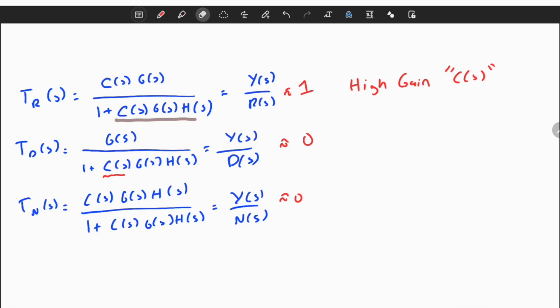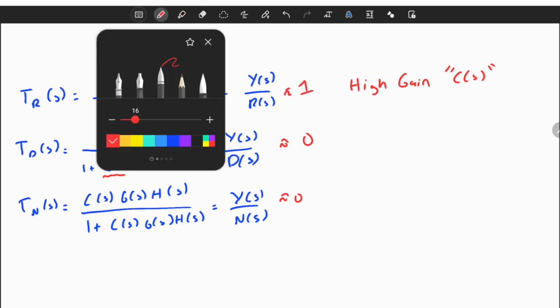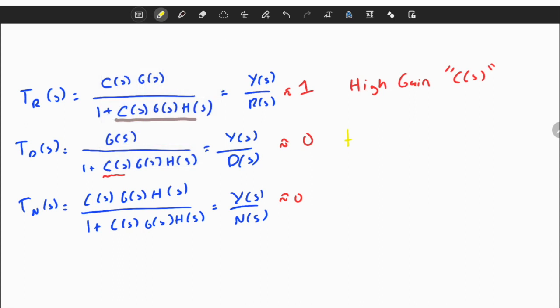That's great. So for good performance in terms of disturbance rejection, we want a high gain C of S. It means that a high gain controller gives good tracking performance and good process disturbance rejection performance. That's super great. We really like that.